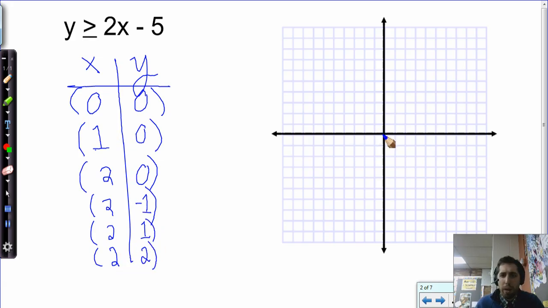Let's see what happens when we graph them. We have 0, 0. We have 1, 0. We have 2, 0. But we also have 2, negative 1. We have 2, 1. We have 2, 2. This is really interesting. So we have not just a line, but it looks like it's going to be a whole area of the graph that is going to make this true.